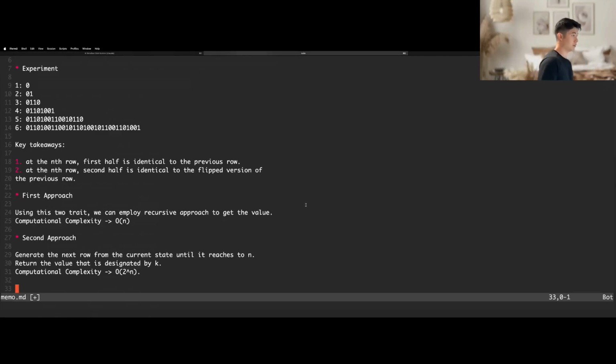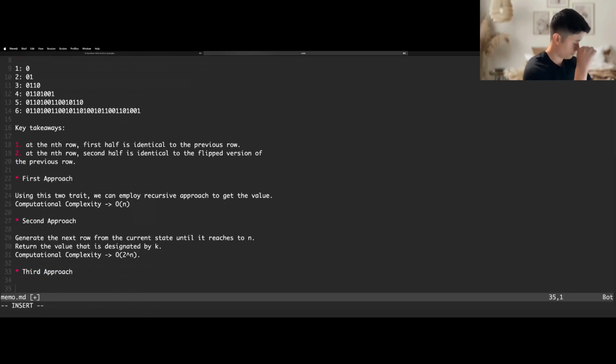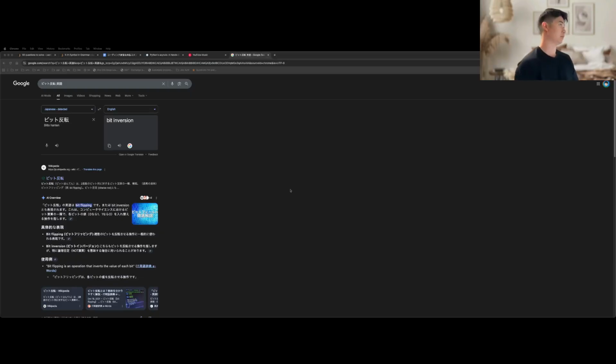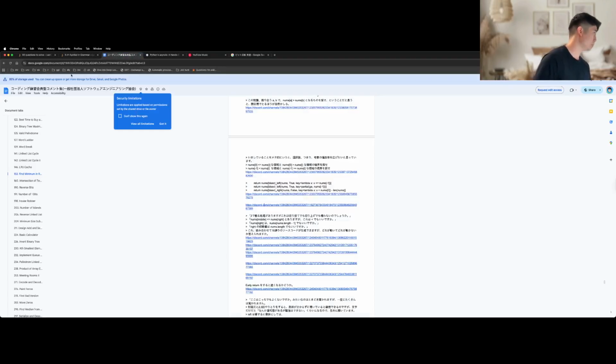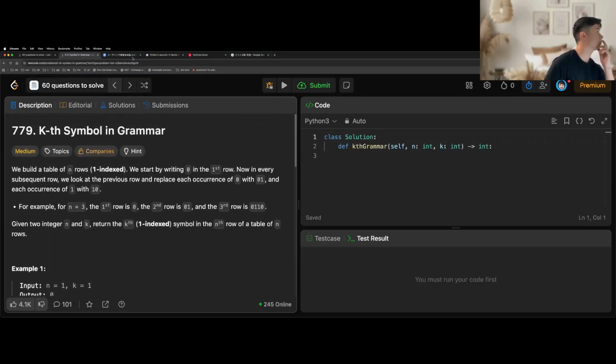Great. So that's the second approach, and I think there was a third approach. I can't come up with the third approach, so let me just refer to people's solution, and this solution's number 779.